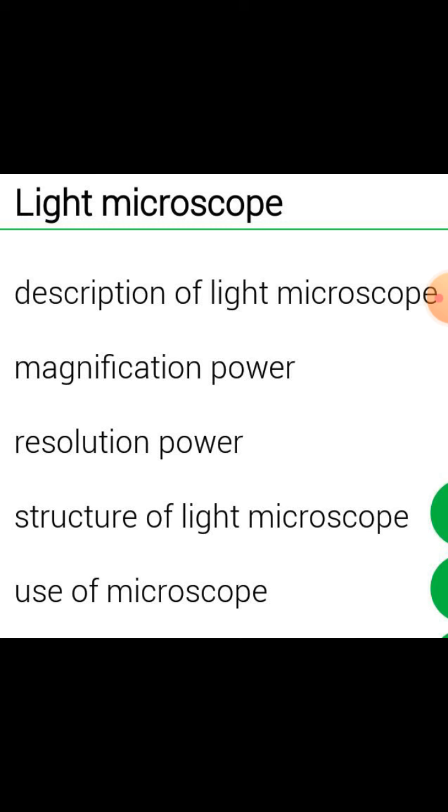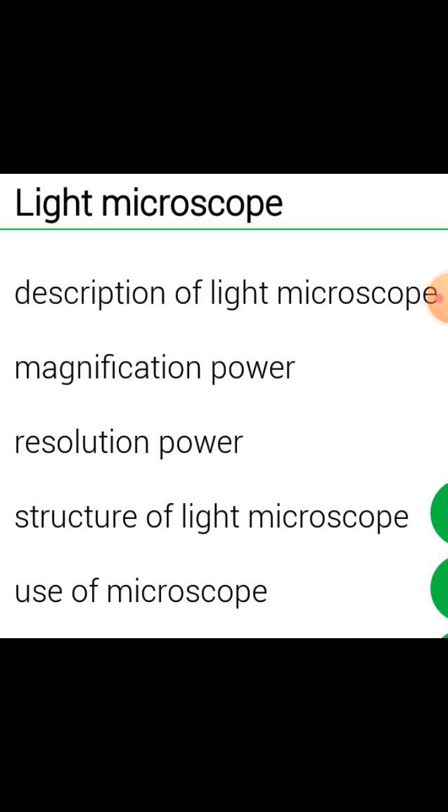Okay, a light microscope is a biological laboratory instrument. It's a biological tool that uses visible light to detect and magnify very small objects and enlarge them.